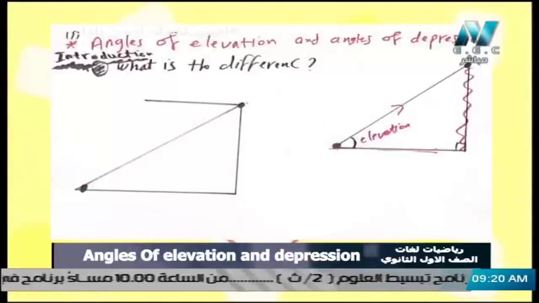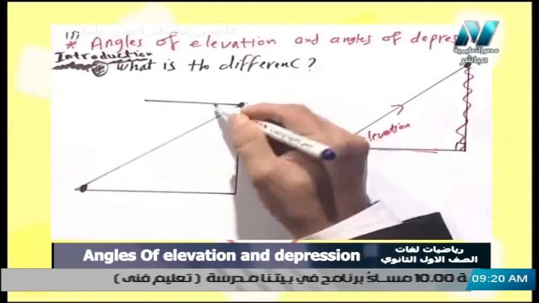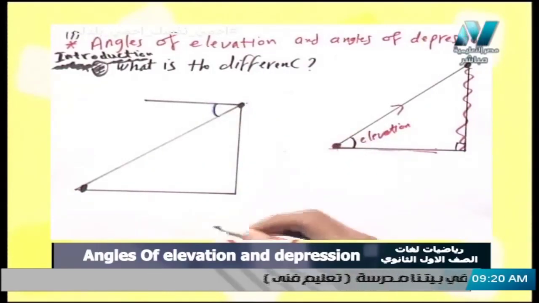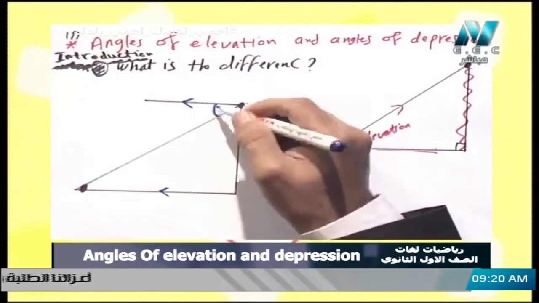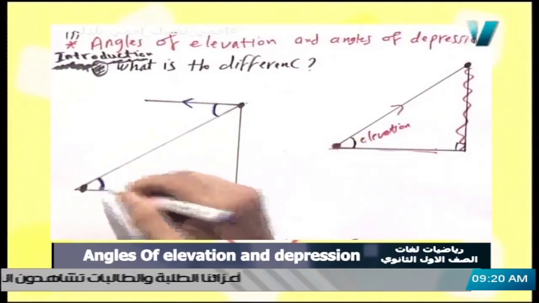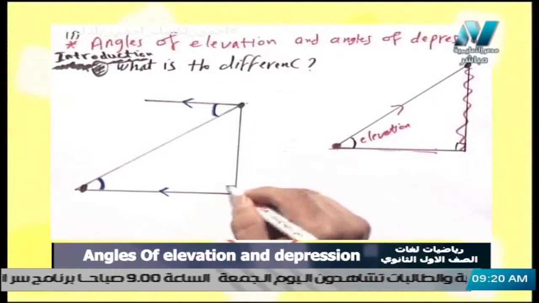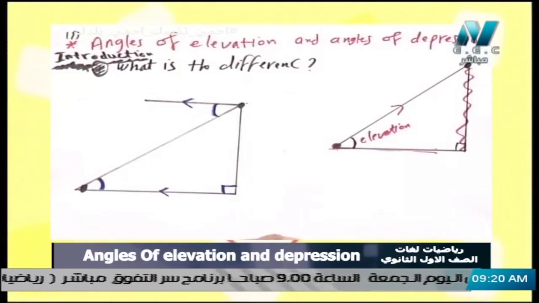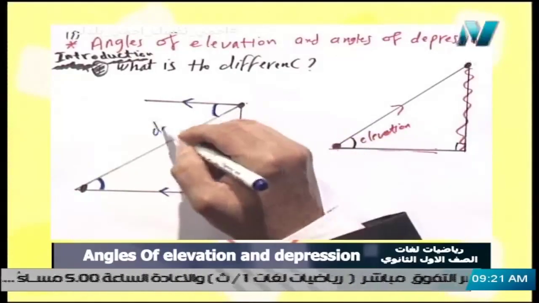Here the angle of depression will be this angle. Okay, but we know that these two sides are parallel, so this angle equals this angle, alternate. Okay, we have here a right angle triangle, so this angle is the angle of depression.